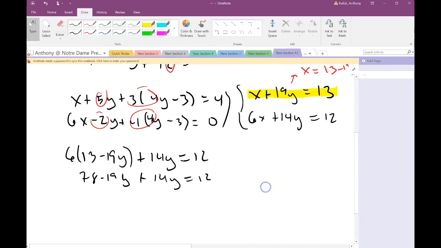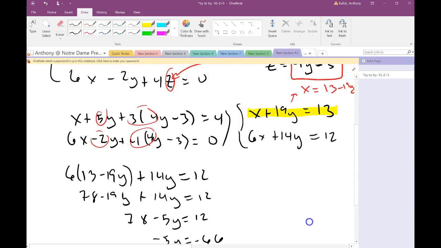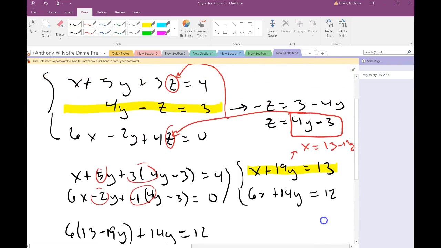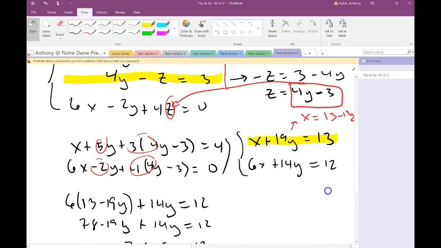Okay. So that's going to give me 78 minus 5y equals 12. And I still have a problem here. That's still not right. Where's my mistake?